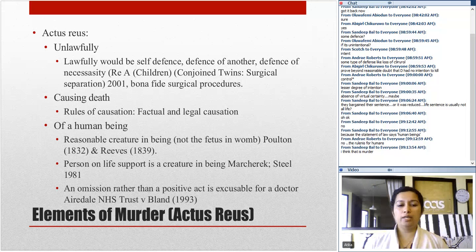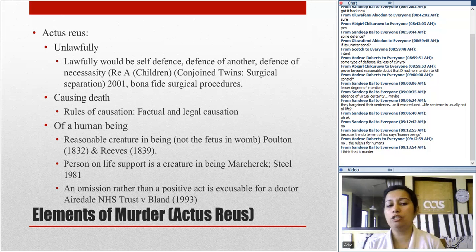There was another case in which it was discussed whether a doctor, if he turns the life support off, is going to be liable for murder or not. The case of Airedale NHS Trust versus Bland in 1993 decided that an omission rather than a positive act is excusable for a doctor. It means, okay, you tell me what it means first, and then I'll explain.